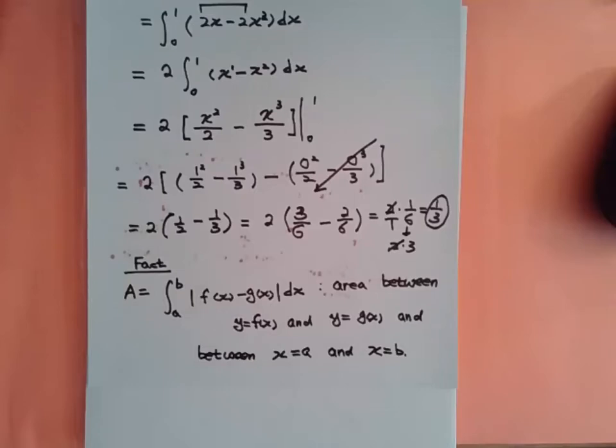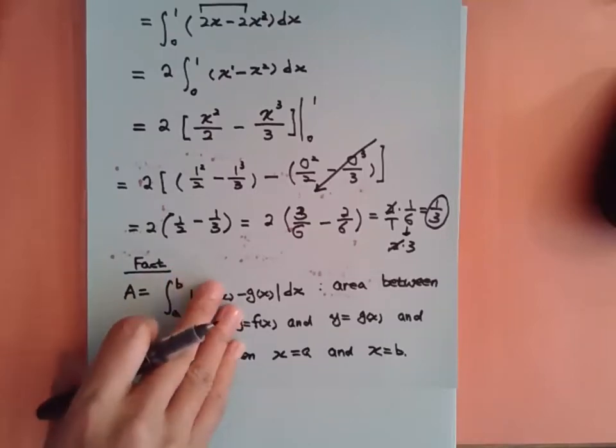That is another way to describe what I told you. If the result becomes negative, then you just drop the negative sign to get the area between two curves.